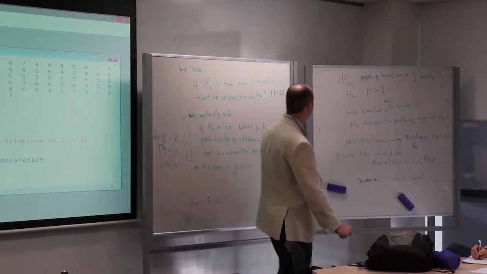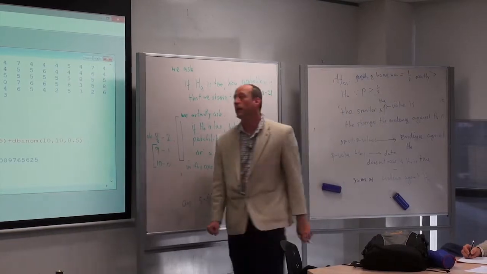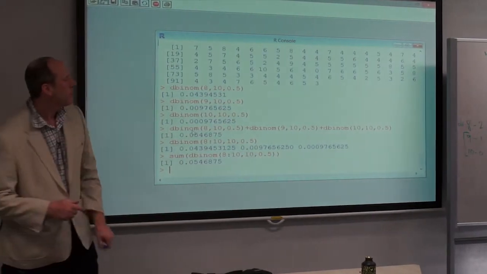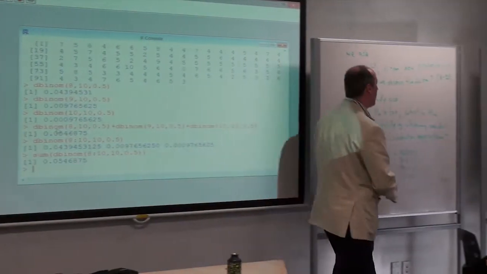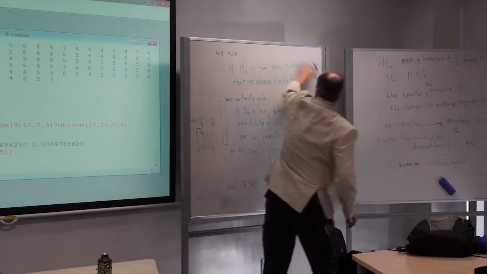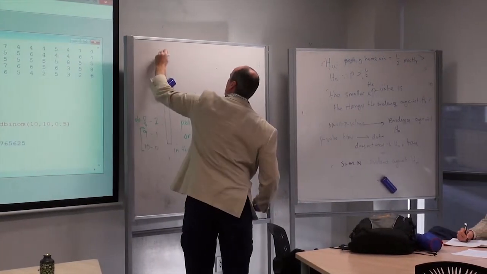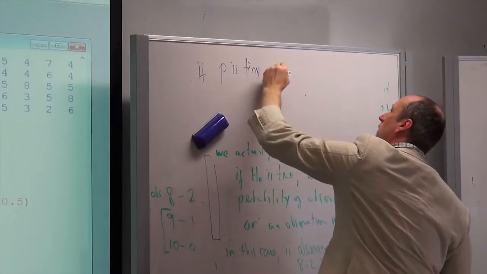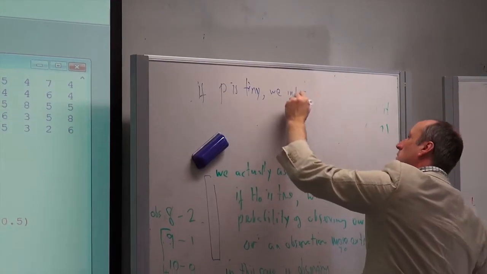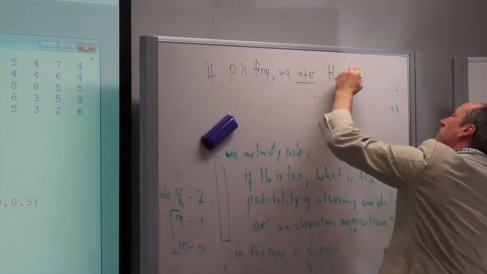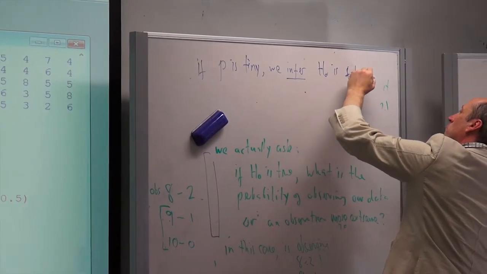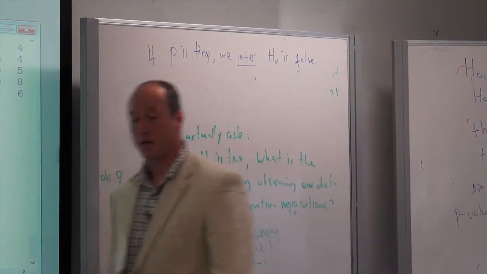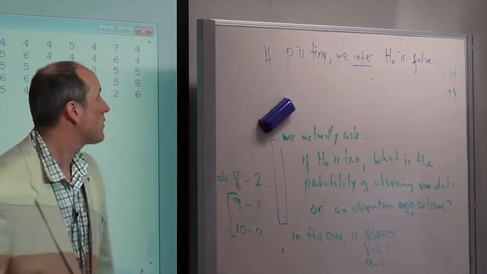Okay, and the smaller the p-value, the stronger the evidence, because the less likely it is to get your data, or one more extreme, if the null hypothesis is true. So if p is very tiny, you can infer, this word comes up again and again, if p is tiny, we infer that H0 is false, because the data never occurs underneath the null hypothesis, and we've got the data's what it is, and so that tells us that the null is false.